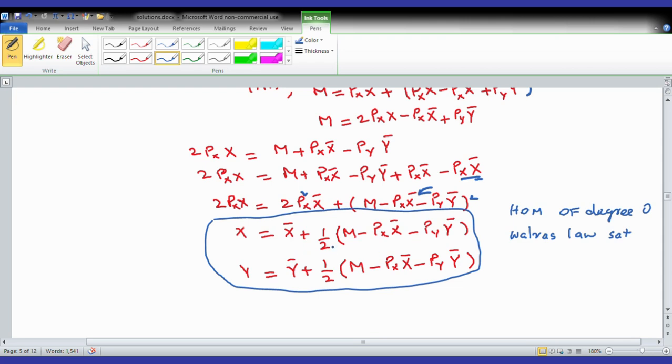So I have missed p of x here, p of x here, as well as p of x here. Similarly, p of y here and p of y here. So this is why I have written it in this format.